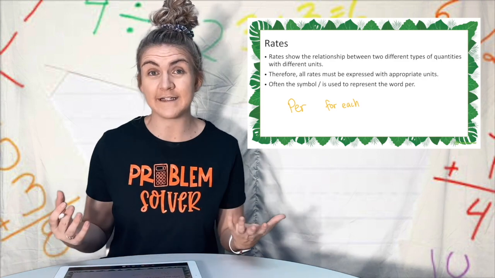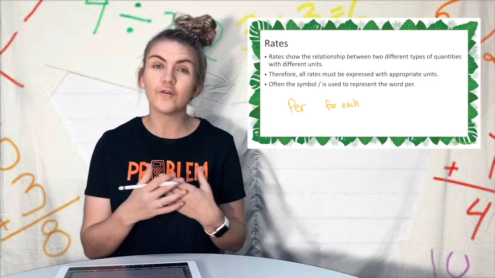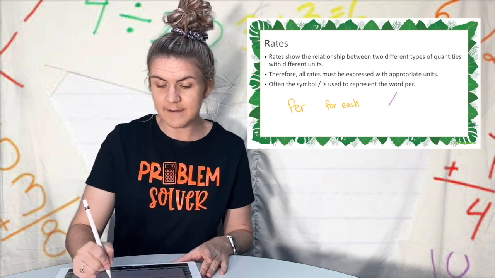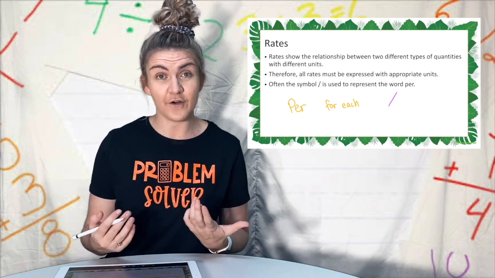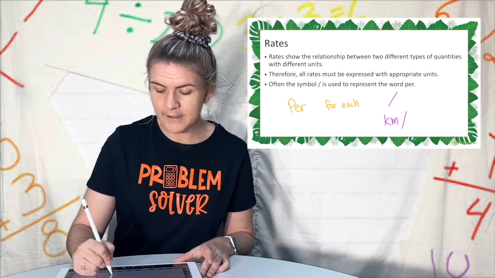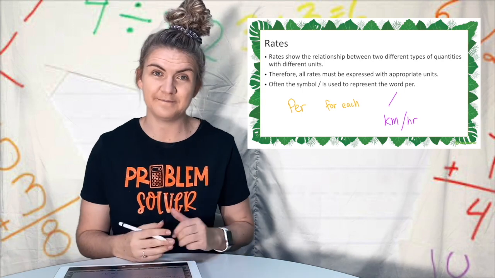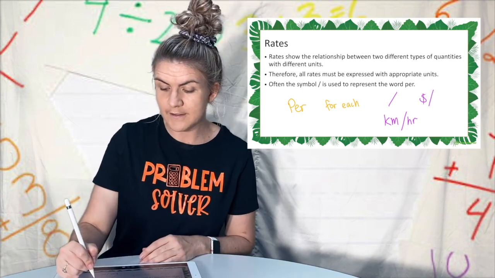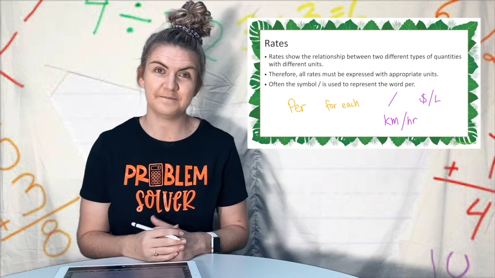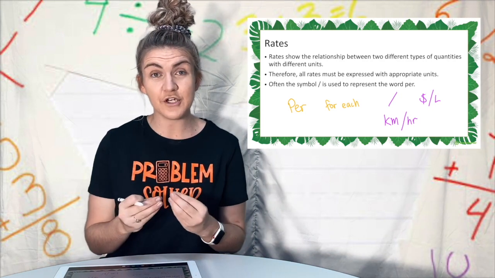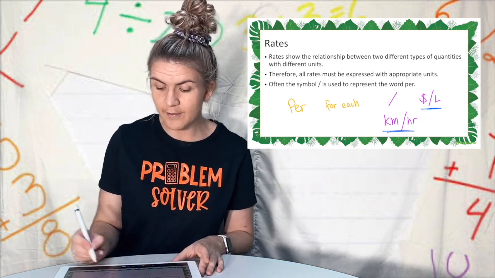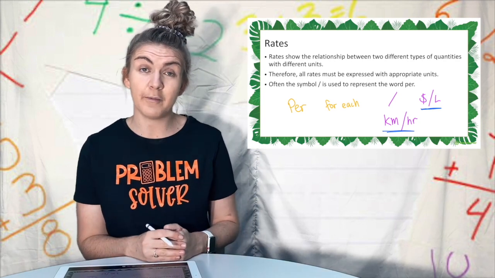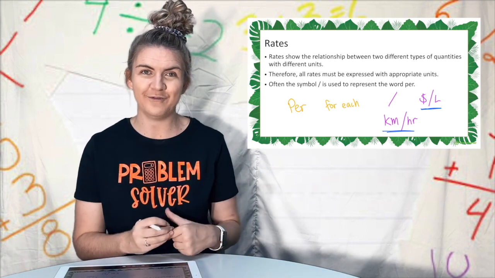But when we're writing it out, we don't have to write the full word. We instead use the symbol of a slash. So for example, I could write kilometers per hour, dollars per liter. So we can use our abbreviations, but we have to show our appropriate units within our rate.